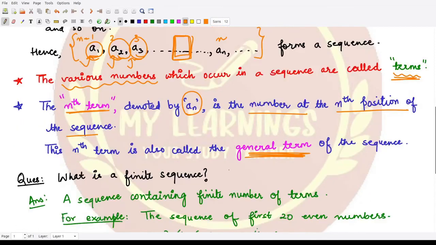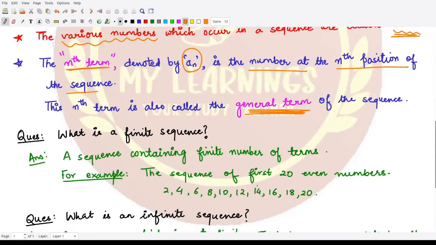Next, what is a finite sequence? A finite sequence is a sequence which has a finite number of terms. What do we mean by a finite number of terms? It is a sequence in which the number of terms can be counted by us. For example, the sequence of the first 10 even numbers is a finite sequence.